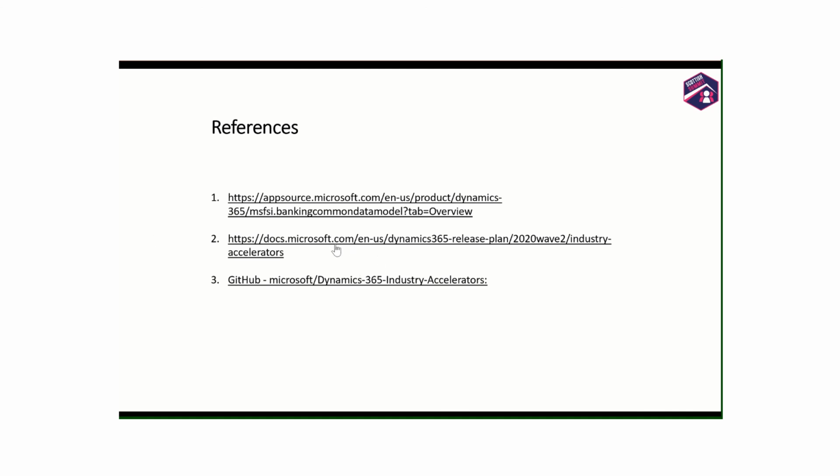Microsoft has also provided details about each of these apps on docs.microsoft.com, and if you look at the industry accelerators, you also get more details about the solution, the entity details, all of that within GitHub. So if you go to GitHub, Microsoft Dynamics 365 Industry Accelerators, you will be able to get access to many of those industry accelerators, which are freely available on GitHub.